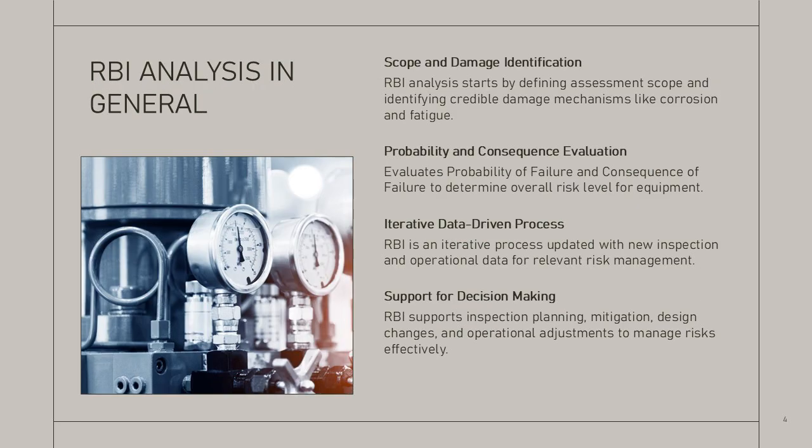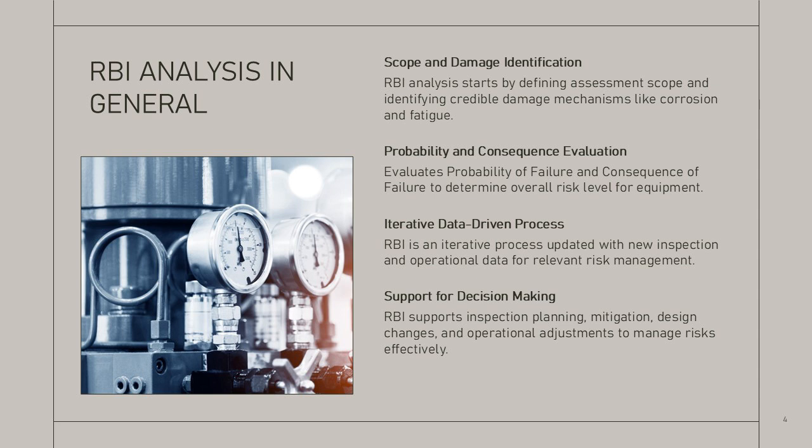RBI analysis in general refers to the overall process of identifying, evaluating, and managing risks associated with pressure equipment and piping systems. According to API RP 580, RBI analysis begins with defining the scope of the assessment, including the facilities, systems, and equipment to be evaluated. The analysis then identifies credible damage mechanisms such as corrosion, erosion, fatigue, cracking, or metallurgical degradation that could lead to loss of containment.